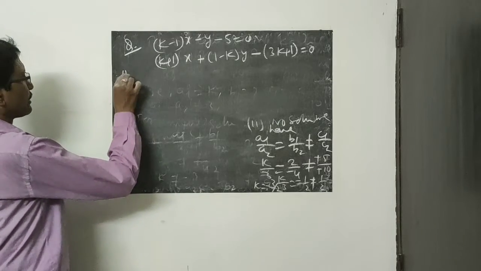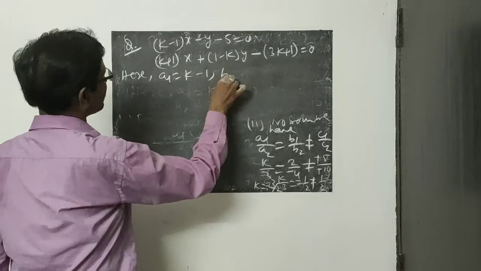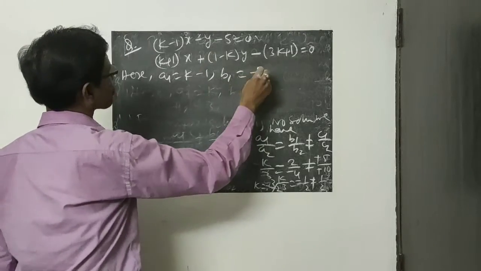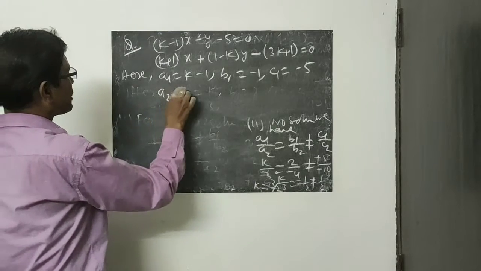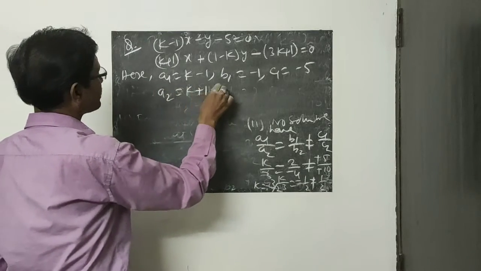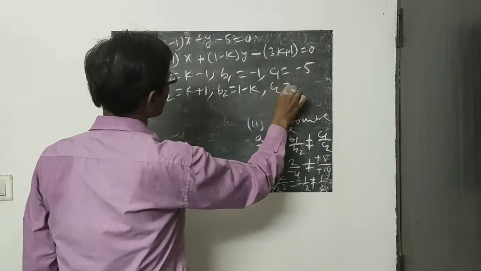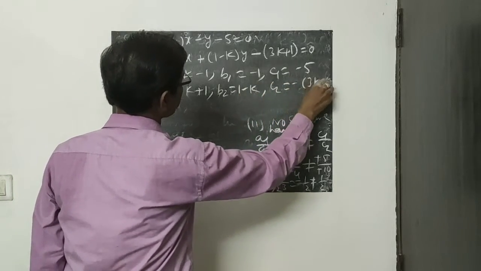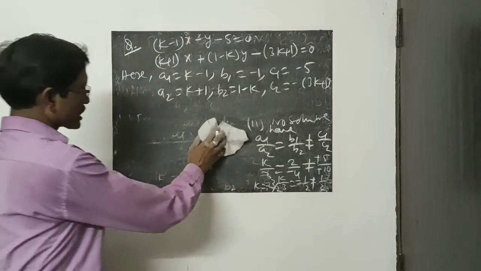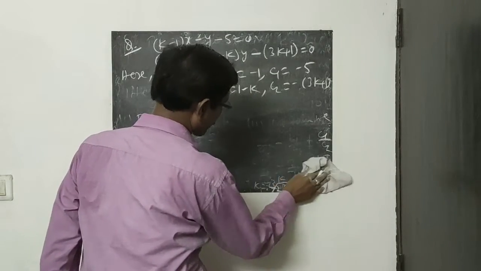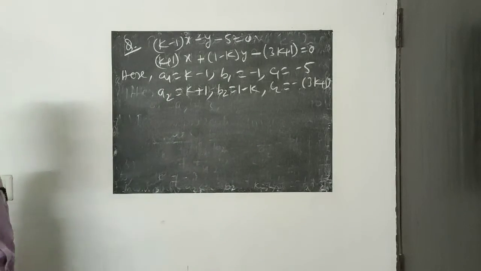So here the standard form: A1 equal to k minus 1, B1 equal to minus 1, C1 equal to minus 5, A2 equal to k plus 1, B2 equal to 1 minus k, C2 equal to minus 3k plus 1. Now same process, but here infinite number of solutions. What should be the condition for infinite number of solutions?